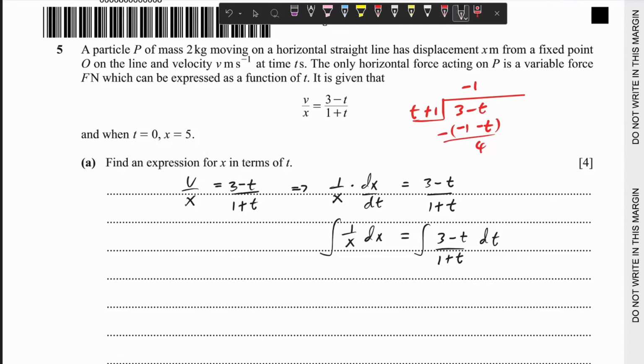So we can basically say that the integral of 1 over x with respect to x is equal to the integral of minus 1 plus the remainder 4 over 1 plus t, and that's with respect to t.